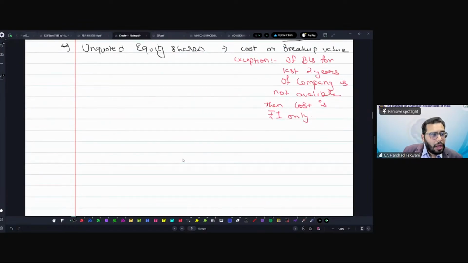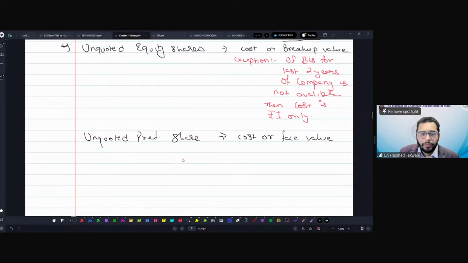Then comes the unquoted preference shares. Unquoted preference shares, again, you need to value at cost or face value, whichever is lower.